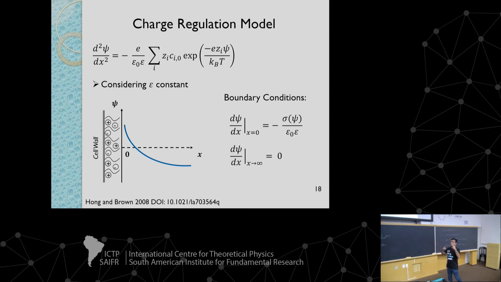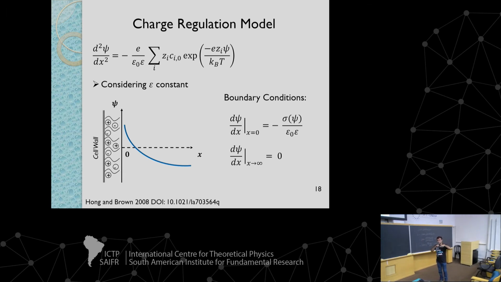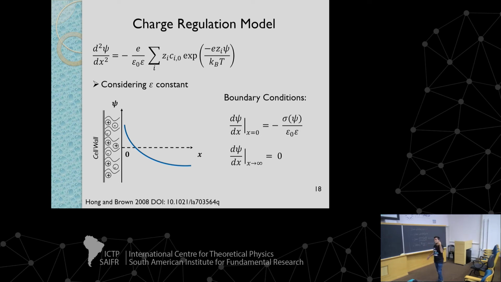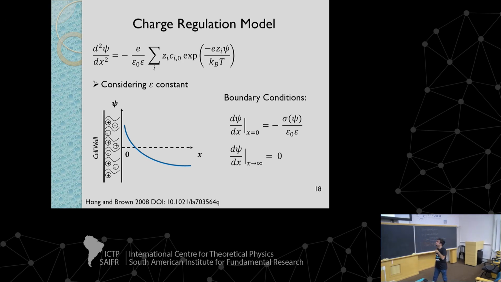So we have to solve this iteratively, as I already said, because we need an initial guess for the surface potential. From the surface potential, we apply charge regulation and calculate the surface charge density, and solve again to find the potential profile. And from this, we get another surface charge density, and so on. And when it converges, we get this kind of result, okay?